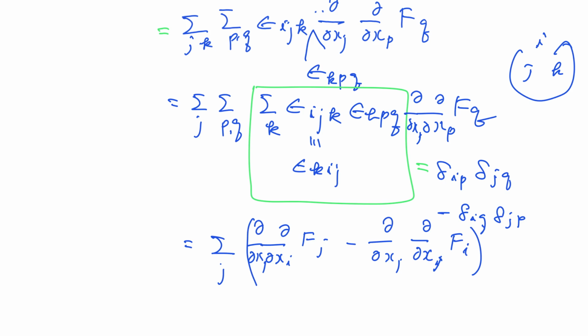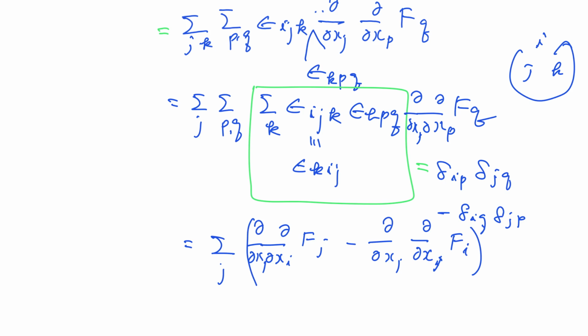So maybe I'm going to repeat it again. So epsilon ijk and epsilon kpq, and partial xj and partial xp and fq. And these two can be put together. If you sum over k, of course epsilon ijk is the same as epsilon kij because it's a cyclic permutation. And it can be put into delta ip, delta jq minus delta iq, delta jp. So the sum over p, q can be substituted by putting these two together.